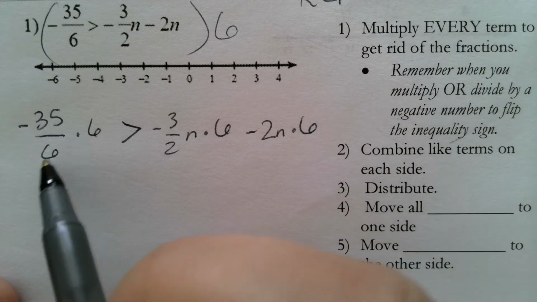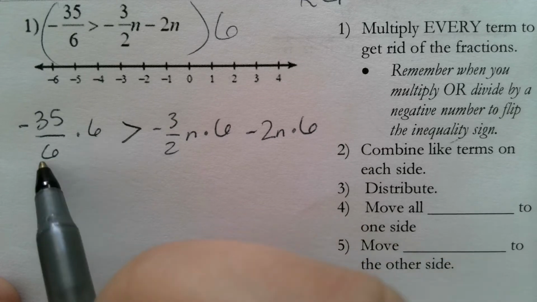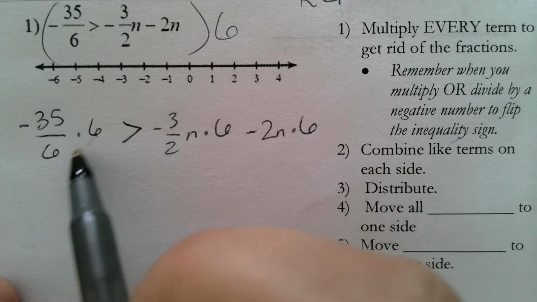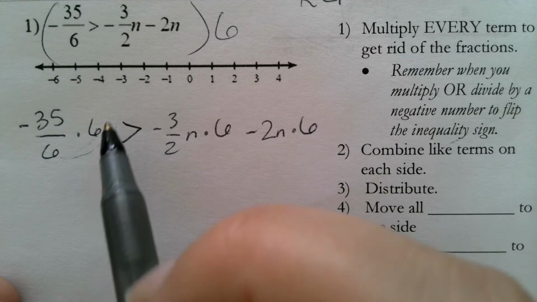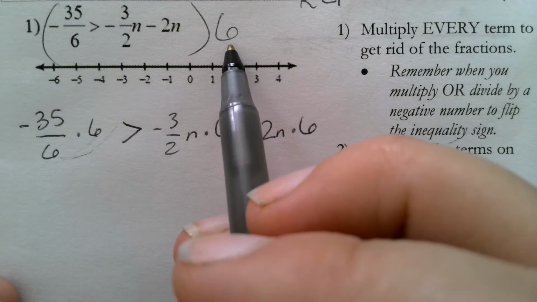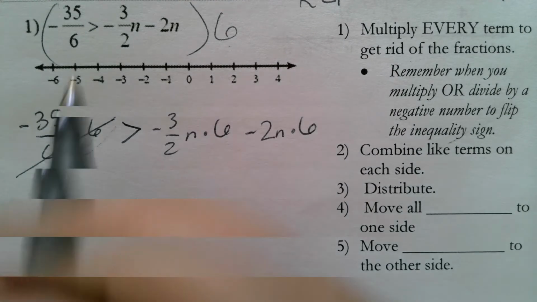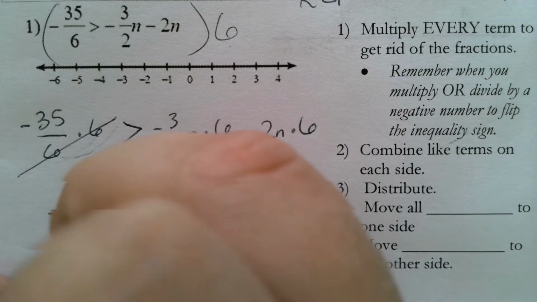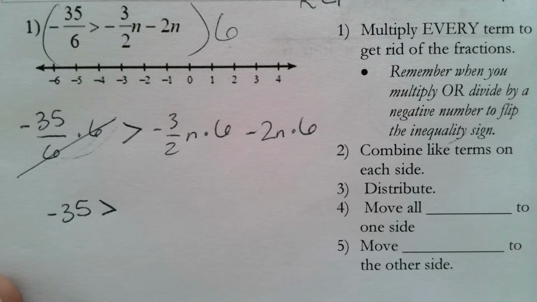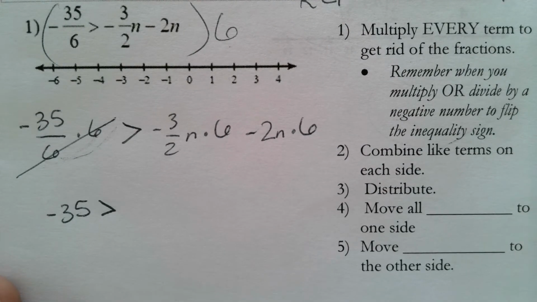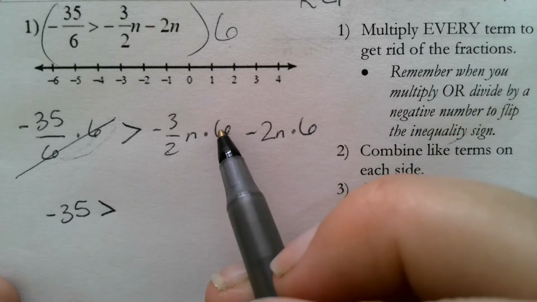What can we do with these 6's? What was the whole point of multiplying by 6? They need to cancel that out. So the left side is negative 35. The inequality does not change yet. Okay, what can I do with this 2 and the 6?